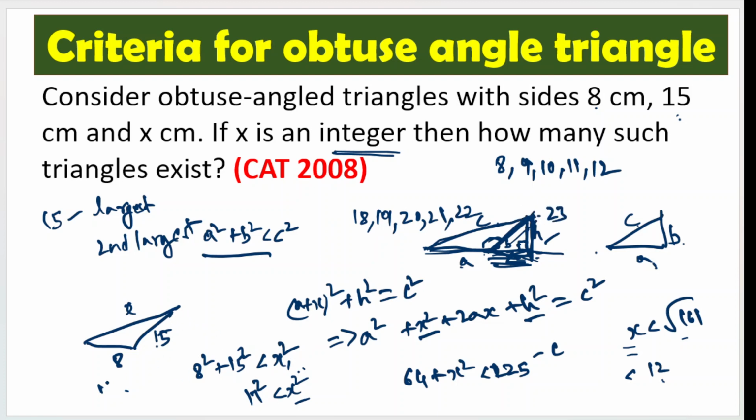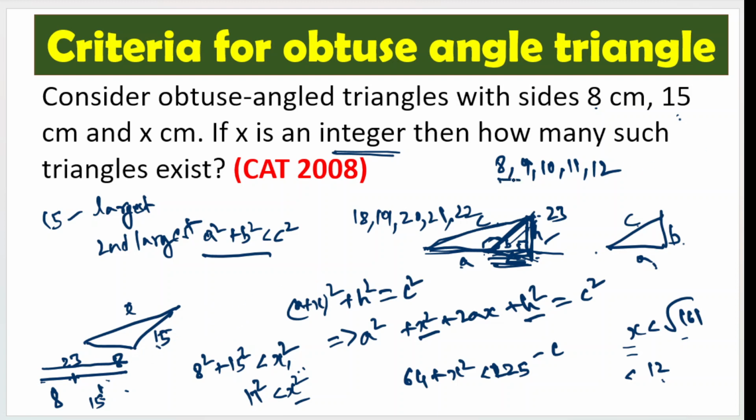If it takes 23, this is 8, this is 15, and the third side is equal to the length of these two sides, 23. So we cannot form a triangle. The sum of these two sides should be greater than the third. So 23 is not an option because then there is no triangle, just two parallel lines. So it can take up to 22 when 15 is the second largest side.